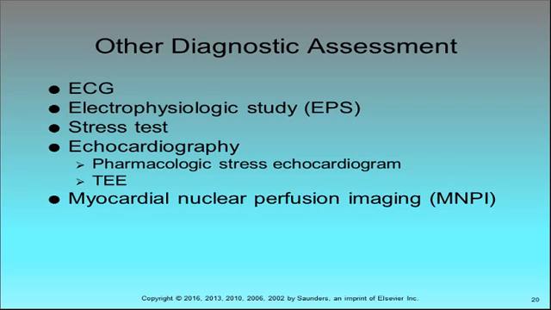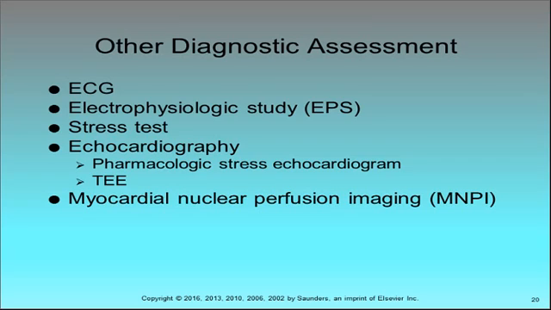It's placed right behind the heart in the esophagus, and then the cardiologist can see detailed views of your cardiac structure, such as your left atrium and mitral valve. It's invasive, but it tells them a little bit more than the echocardiogram will.